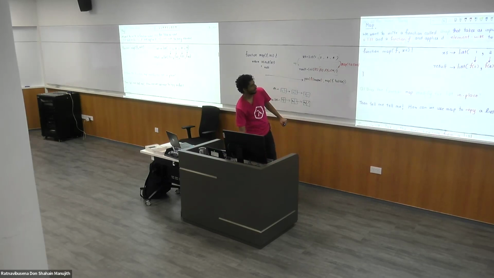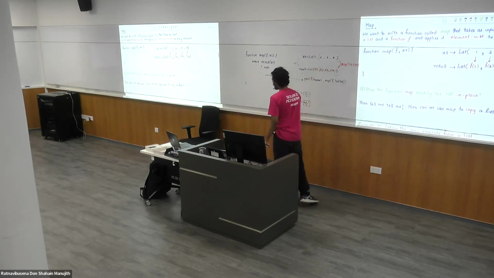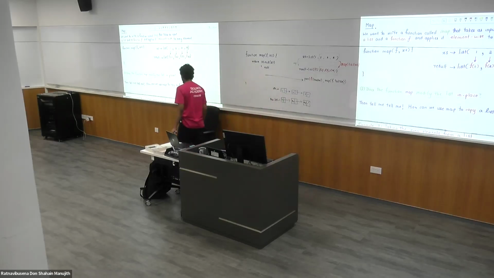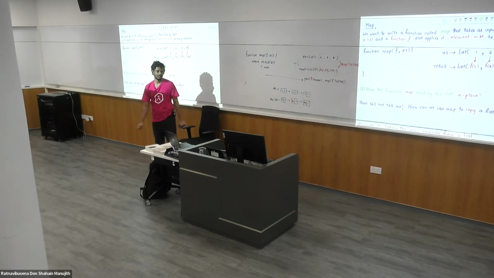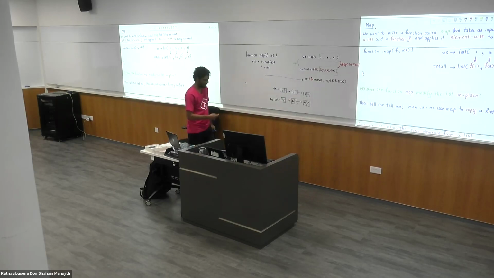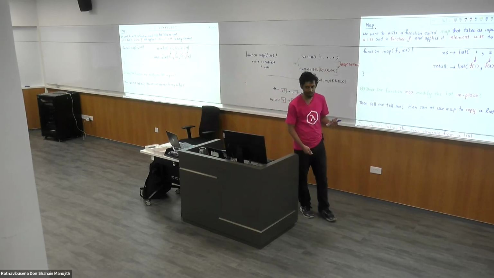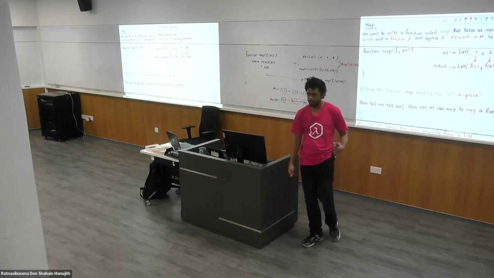Okay. So now tell me, how can we use map to copy a list? Now we realize that map does not modify the list in place. So how can you use map to copy a list?